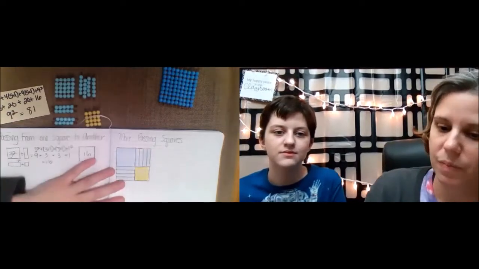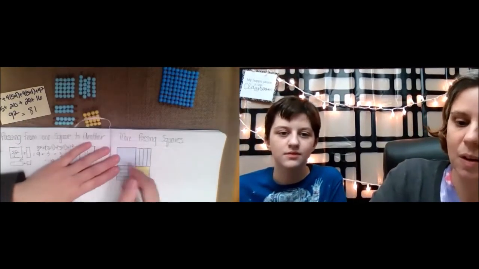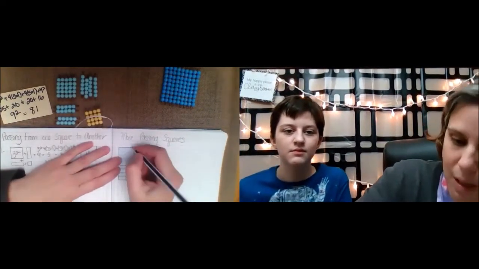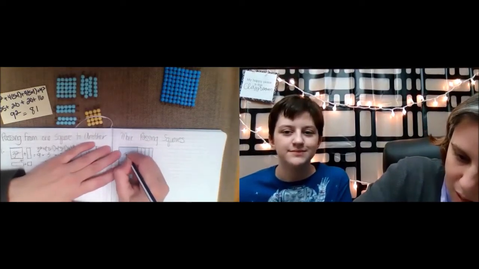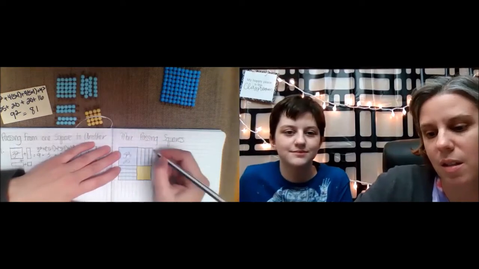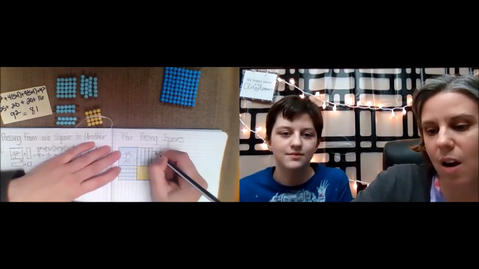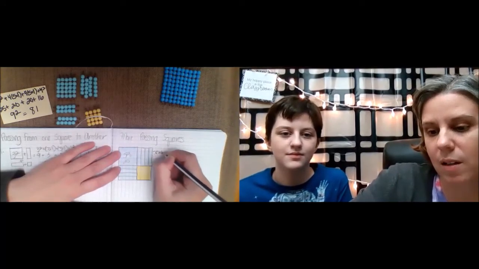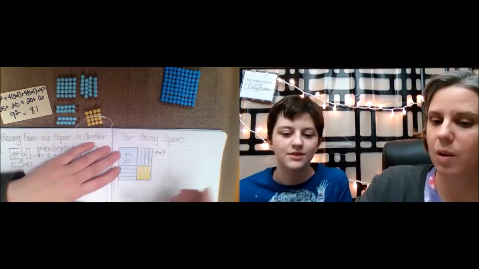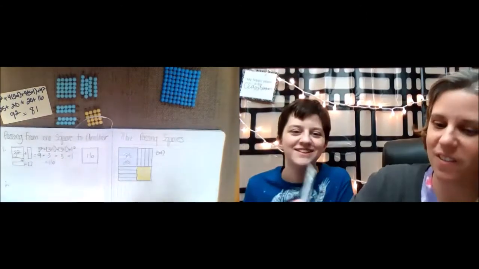Okay, so now we will write our math. The math for this one, I'm going to label it right here. This is the 5 square. It equals 25. These up here are 5 times 1. No, we don't have 5 of them. We have 4 of them.